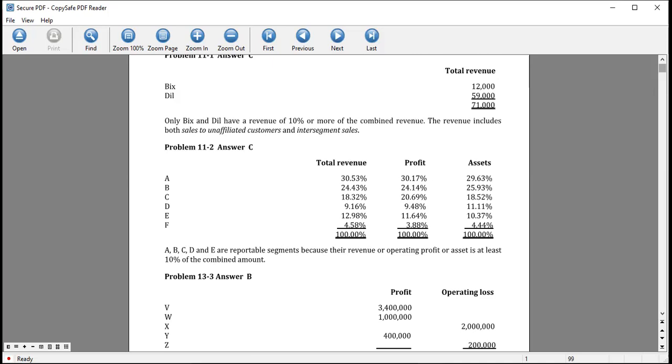If the percent of revenue earned by this segment is 10% or more, it is considered a reportable segment.